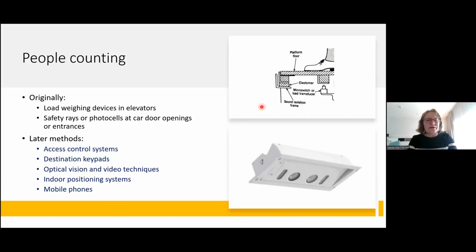So it was very beneficial to use these devices in counting people. Later on, there are more sophisticated methods like access control systems, destination call keypads, optical vision with video techniques, indoor positioning systems, and mobile phones that can be used in counting people.